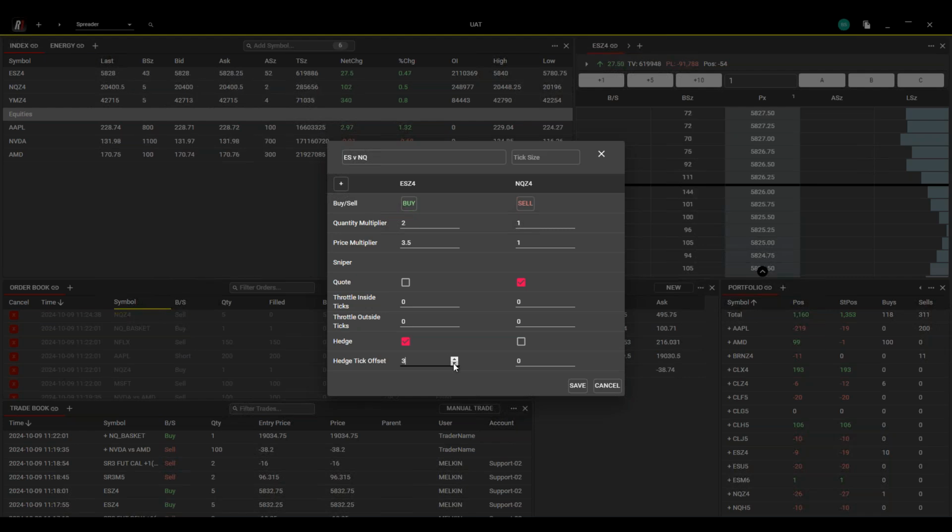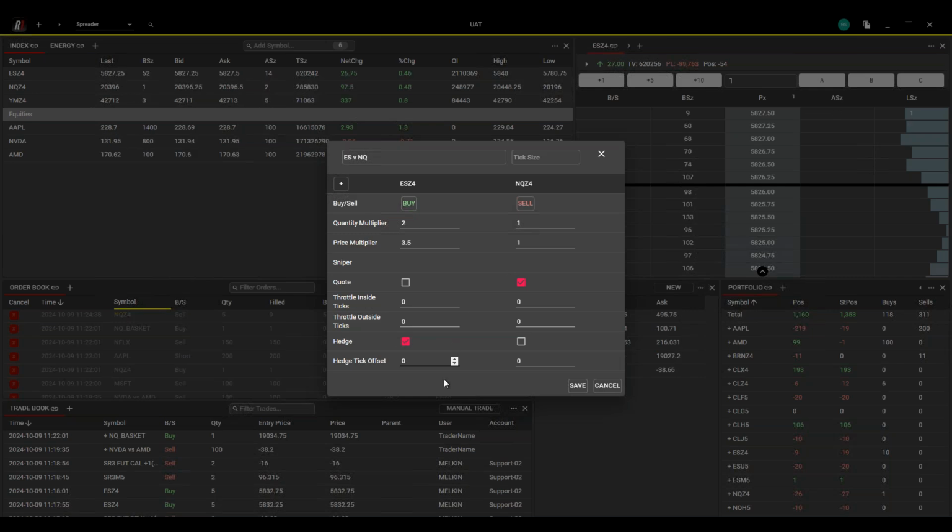The larger the number, the more likely you are to get a fill, but also the more likely you are to get a fill at a price worse than your desired price. Since these are both very liquid contracts, I'm going to leave this at 0 because I think we're going to get a hedge almost no matter what, because the ES is so liquid.